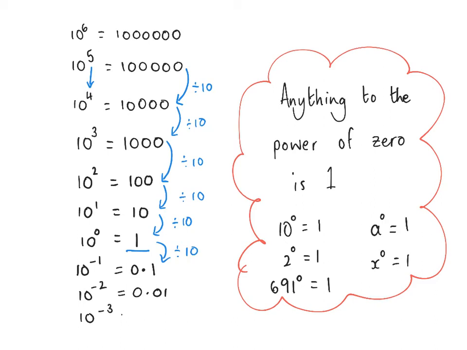And 10 to the negative 3 is 0.001. Because all I'm doing is looking for this pattern and dividing by 10 each time. And I could keep going, and each time I just need to divide by 10. You might want to pause the video now and copy the bit down the left-hand side. You will find it useful for your Hegarty clip in a little while.